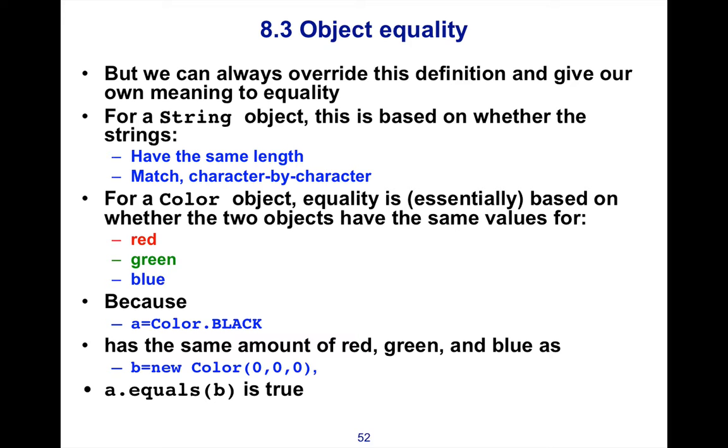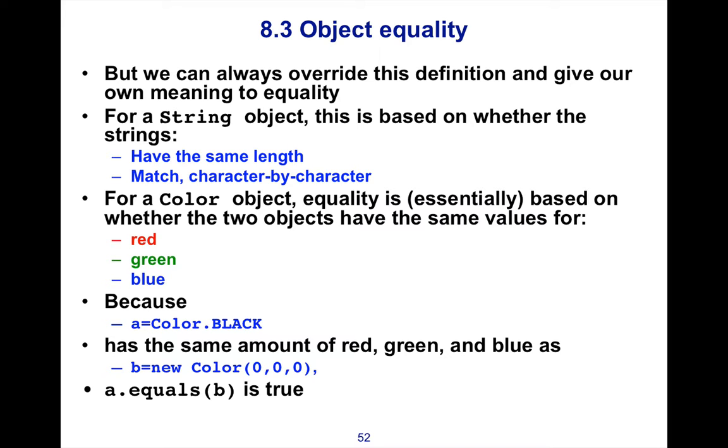For the string object we've been using, it's already defined for us because someone else developed that code, and the equals method for string tests first, do the two strings have the same length? If they don't have the same length, they can't be the same string. And if they do have the same length, a match is attempted character by character to see if they have exactly the same contents.